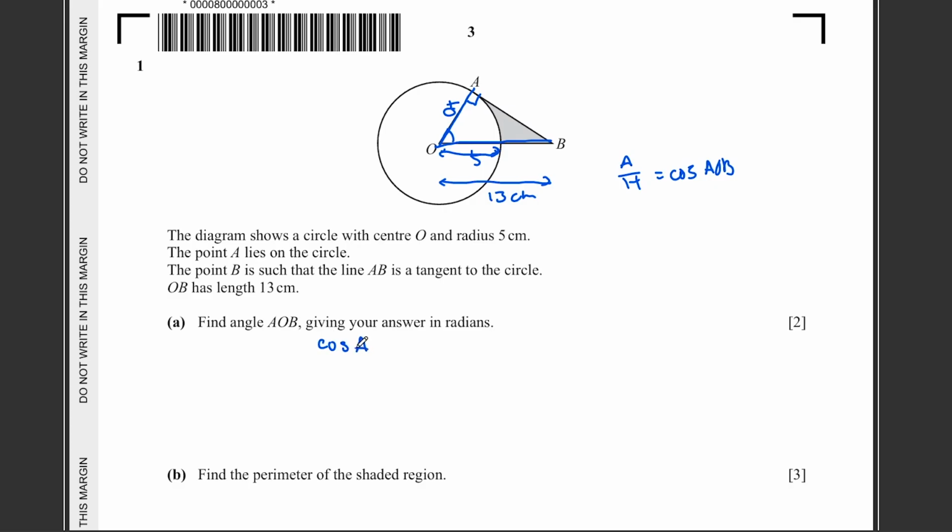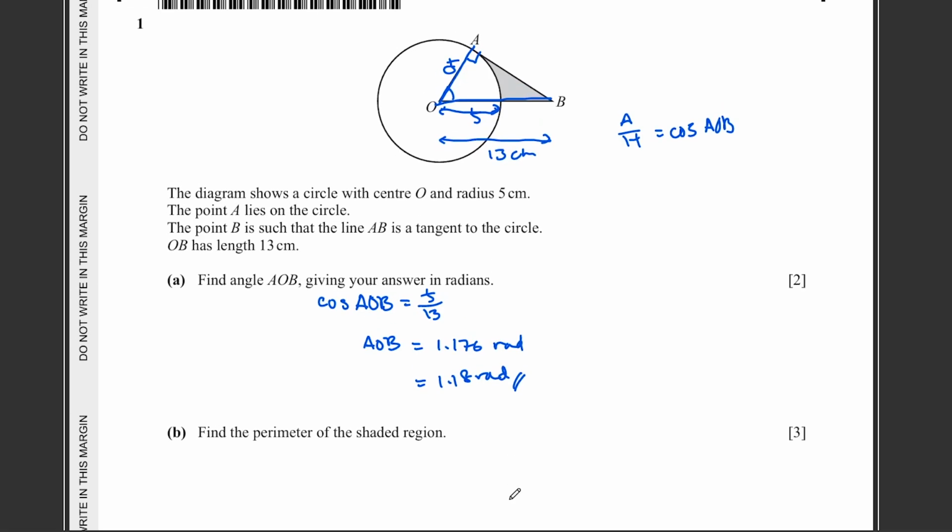Cosine of AOB will be 5 over 13. So for AOB, you can just press your calculator, and remember to change it to radian mode. You should be able to get 1.176 radian, or to 3 significant figures, 1.18 radian.